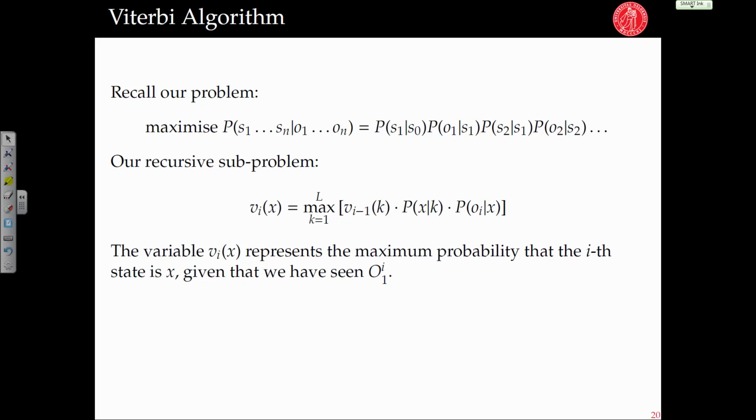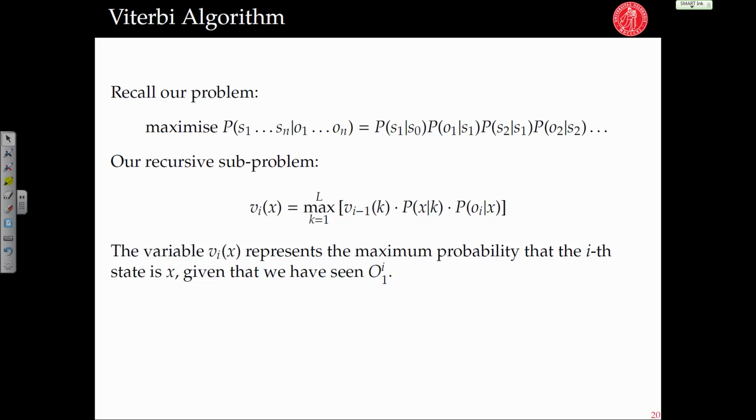We'll call it vi of x. Vi refers to the Viterbi value, and vi of x means the maximum probability of being in state x at time point i, given that we have seen the observations from 1 to i.